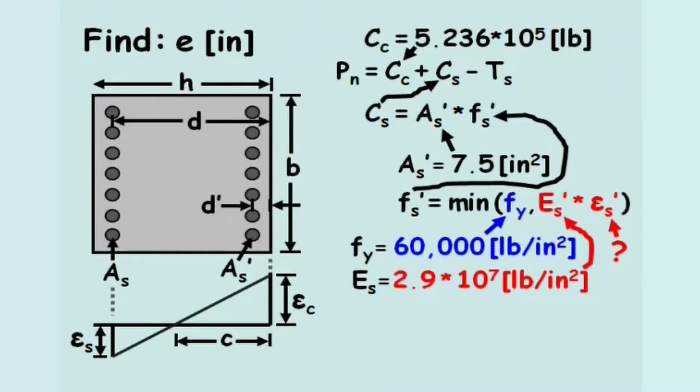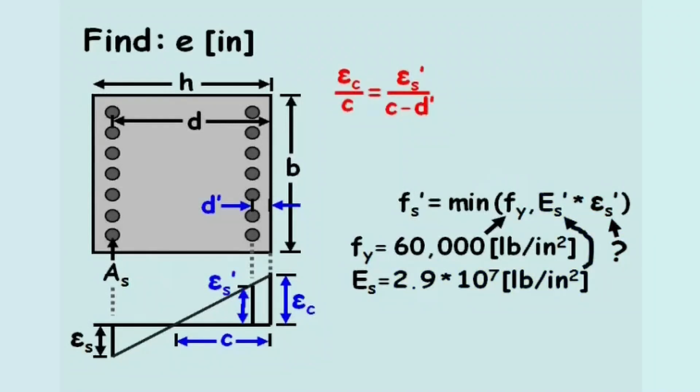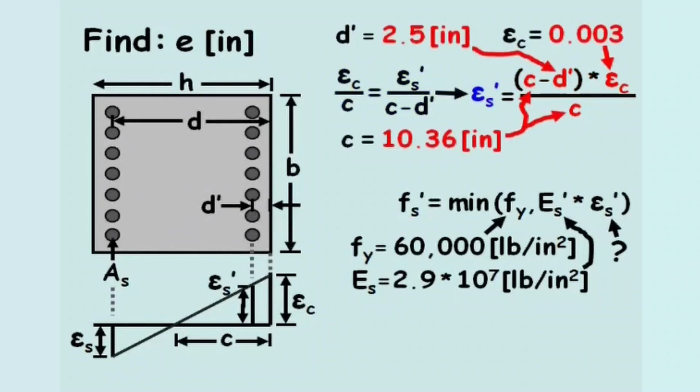We can determine the strain in the compression steel, epsilon S prime, by returning to our plot, which shows the strain profile in the column. This time, we'll relate the strain in the concrete to the strain in the compression steel, where the strain in the compression steel equals C minus D prime times the strain in the concrete, all divided by C. Plugging in the appropriate values, the strain in the compression steel equals 0.00227.